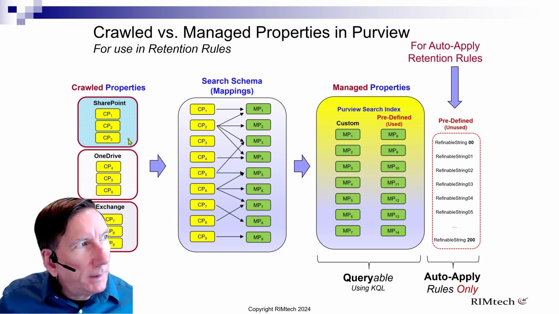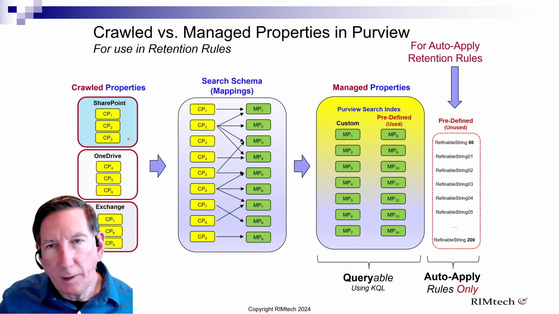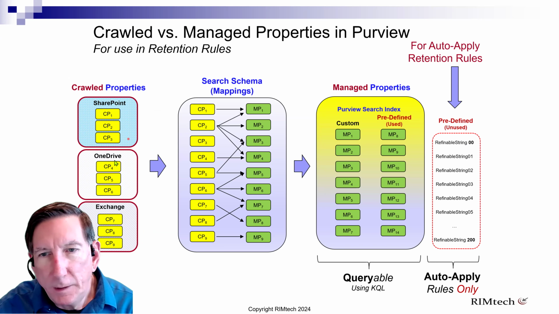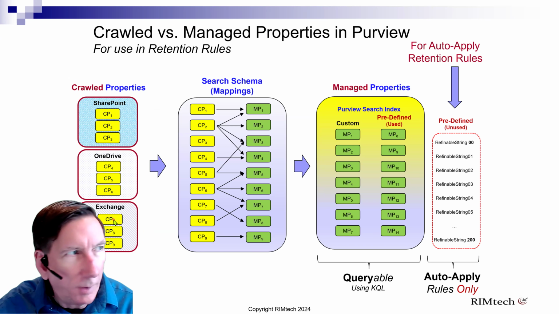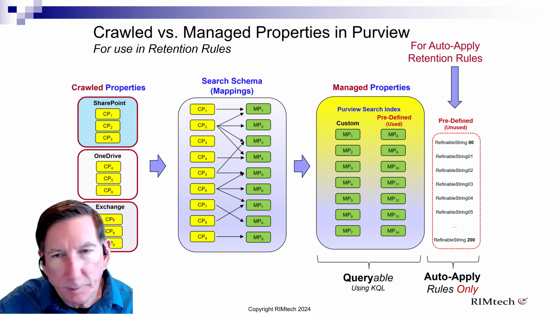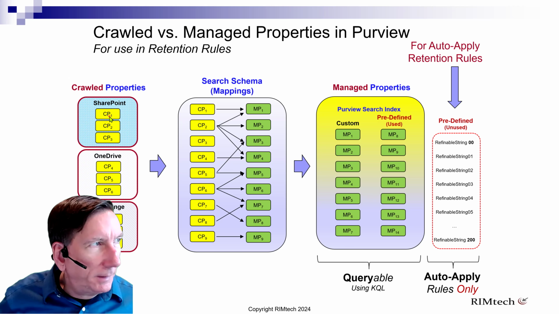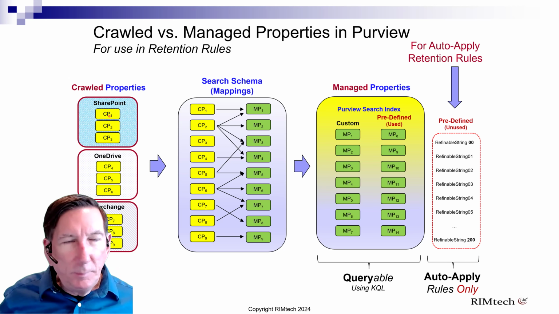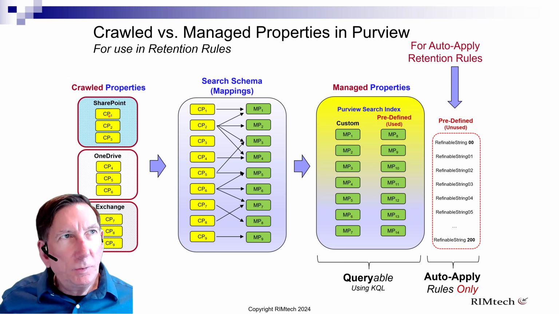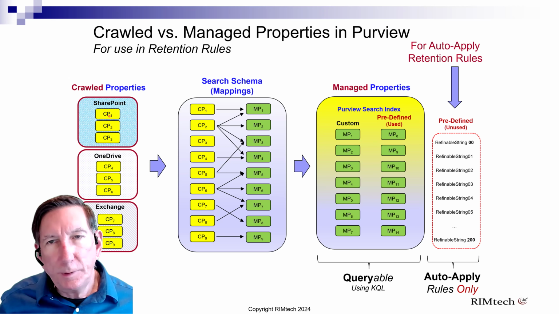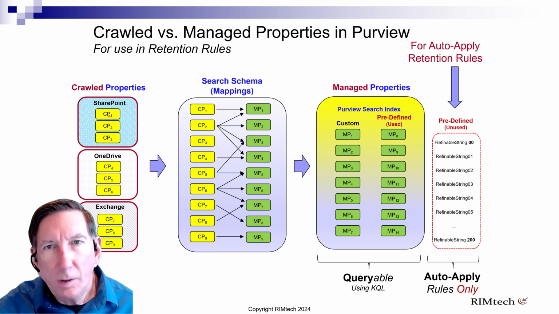Well, it's the metadata that you can see and search and work with every day. In Exchange, you'll have To, From, CC, BCC, subject line, that's the metadata. In SharePoint, you'll have last modified date, create date, name, and all the fields and columns that you created. They're all called crawled properties.